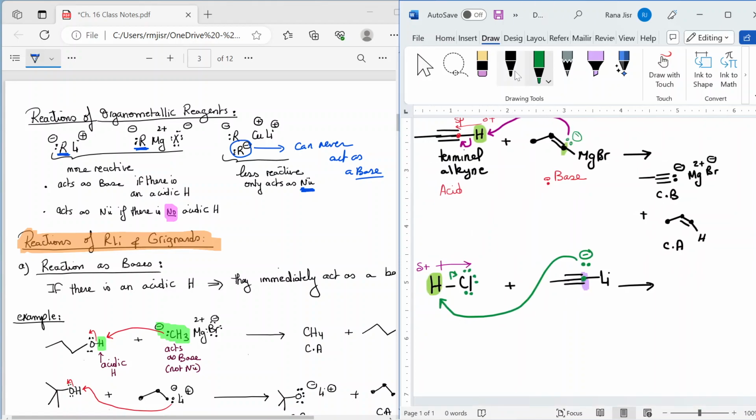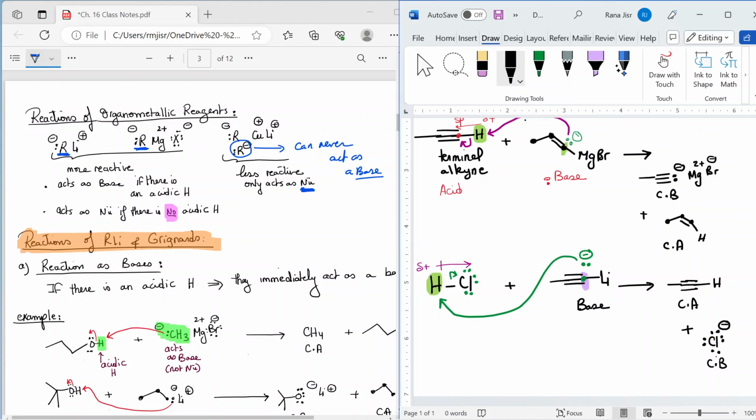So your product in this case is going to be a conjugate. There we go. So that is going to be your base. The base is going to turn into a conjugate acid, and the acid is going to turn into a conjugate base. So you're going to end up having your Cl minus. Always bases are negative, okay? So that is going to be your conjugate base in there.